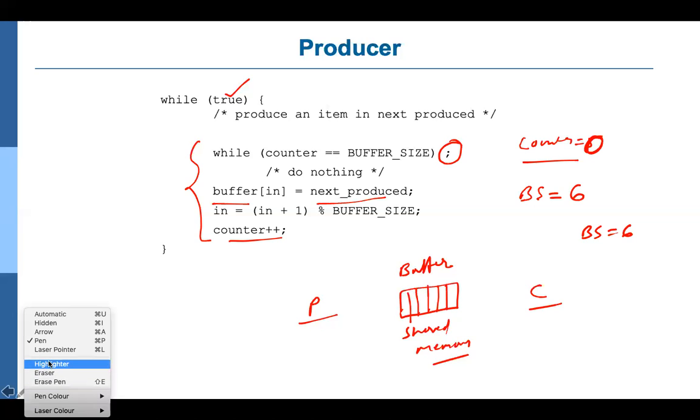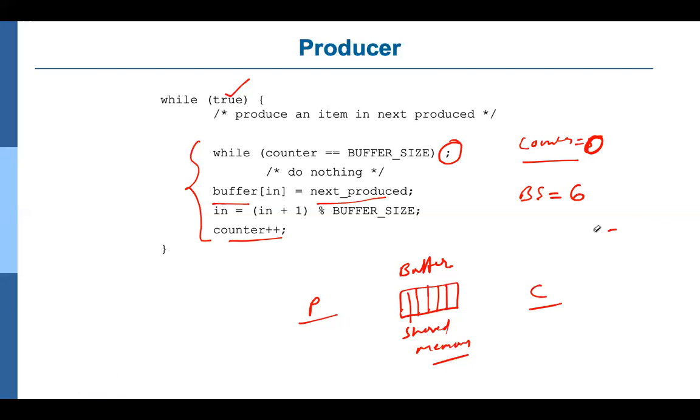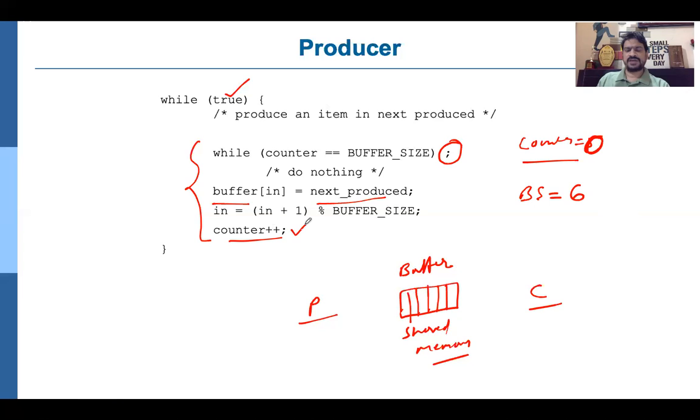So how many times can I write something to that particular buffer? Obviously 6 times I can write it. How can I count it? I can count it with the help of the counter, right? One time I have written, I have increased the value. Another time if I write, I increase the value.